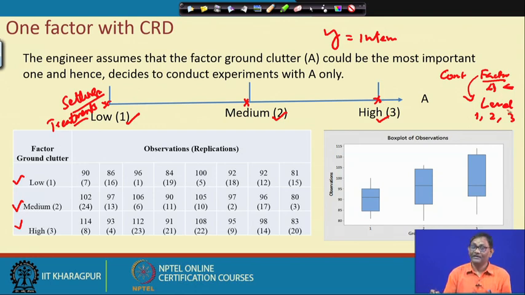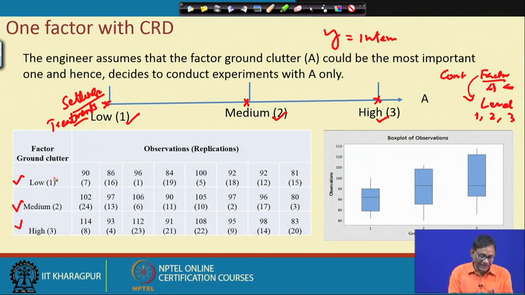So, when factor A is low, this is one kind of treatment to the process. When factor A is at medium level, another kind of treatment, at high level another kind of treatment. So, I can say experimental settings or experimental treatments: the material which is going through the process is being treated at all those different levels. Maybe at each setting or treatment, suppose you want to do the experiment several times.